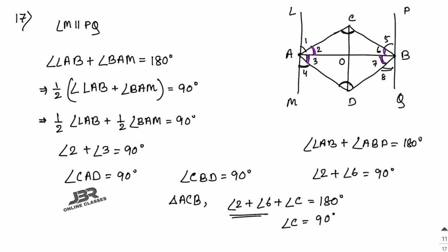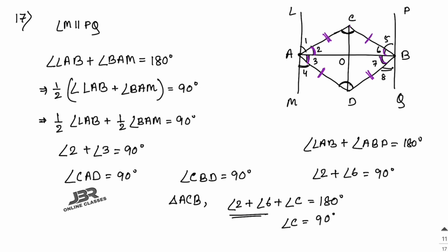Clear? And AB is the common side. That means these two triangles are congruent. If they are congruent, then AC is equal to BD, and AD is equal to CB.